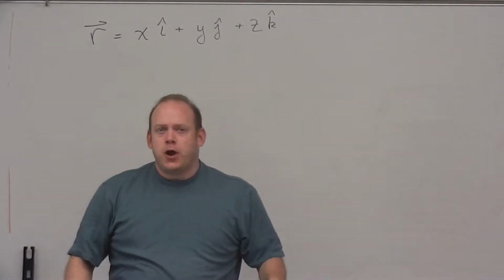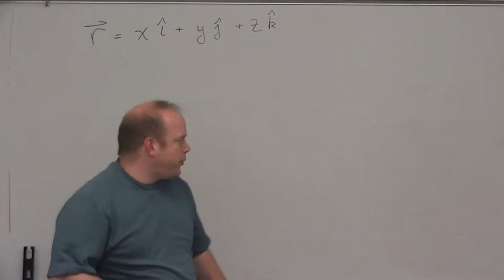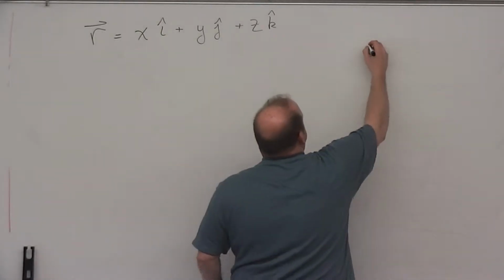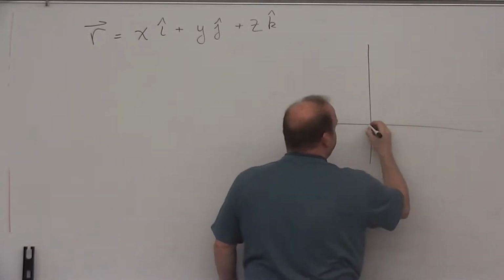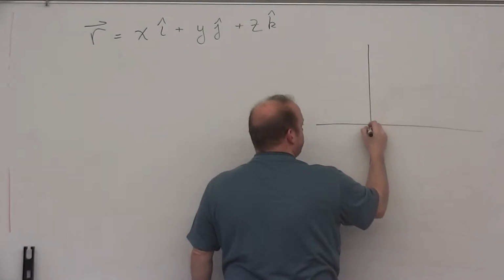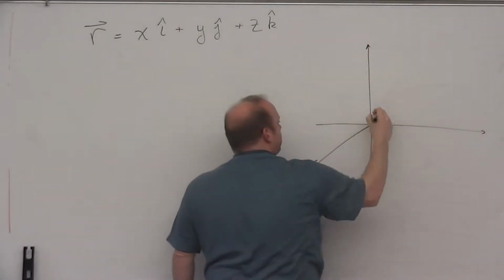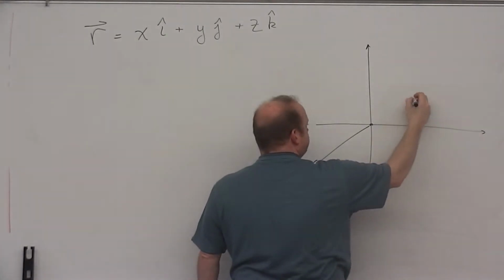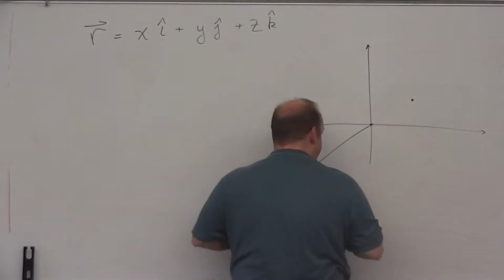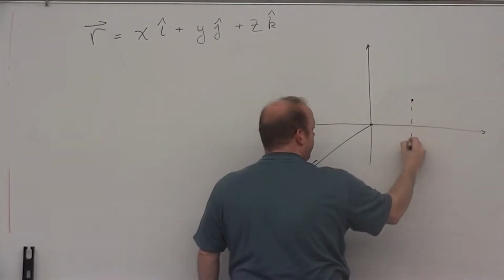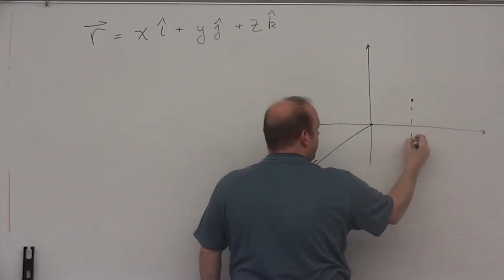Now, displacement, we're looking at the difference between 2 points. So if we're going to graph this, we could do it with the z-axis as well. Okay, if I'm out over here, I can place that out a little bit here.